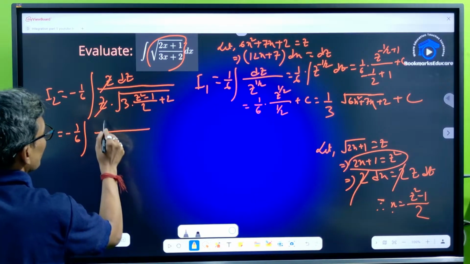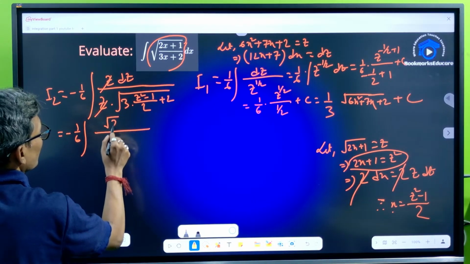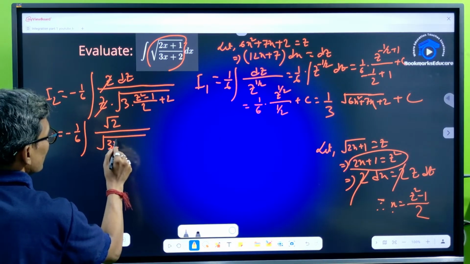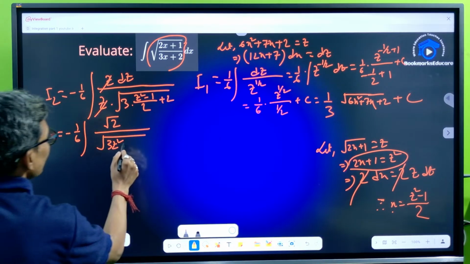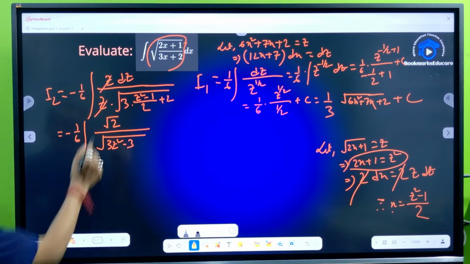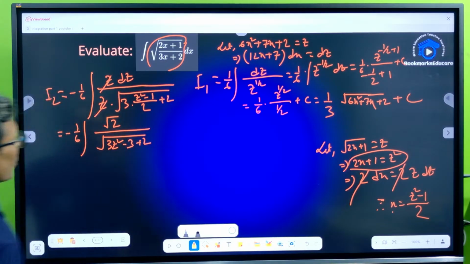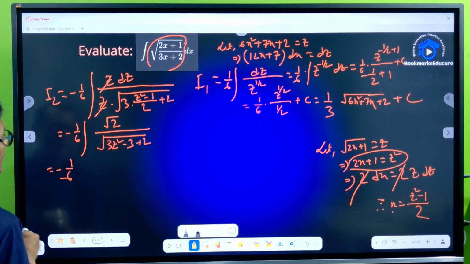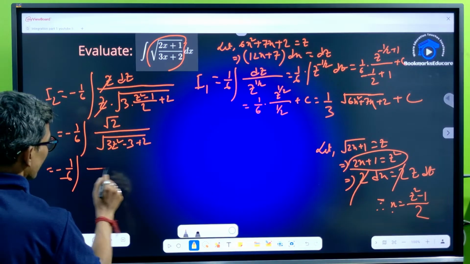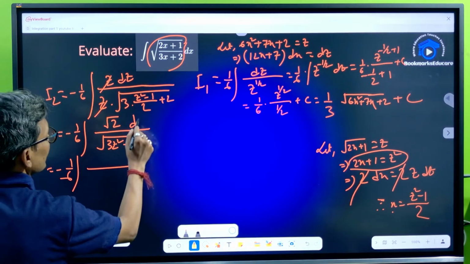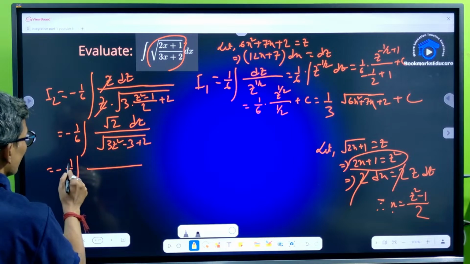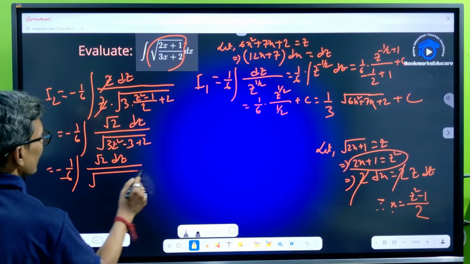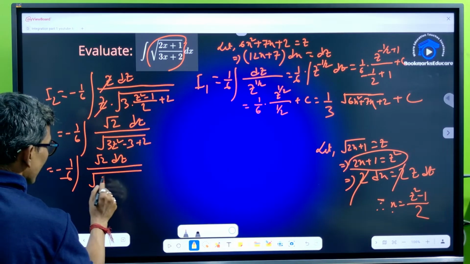So root 2 by 3 z square minus 1 minus 3 plus 2. Okay, so minus 1 by 6 dz. So root 2 dz by root 3.